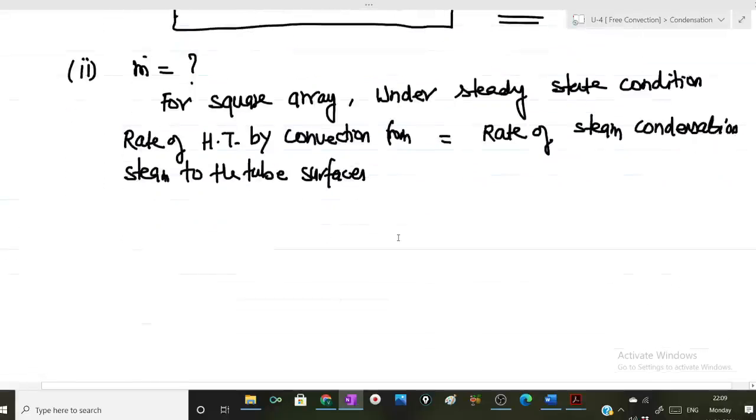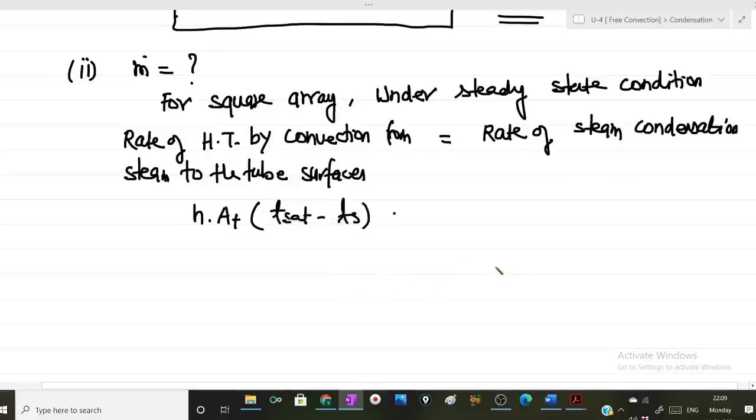Rate of heat transfer by convection from steam to the tube surface can be calculated by Newton's law of cooling, that is H into total heat transfer area into positive temperature difference Tsat minus Ts, and rate of steam condensation is given by m dot into HFG.